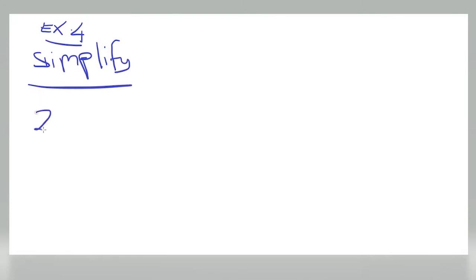For example, this one, simplify. Maybe the root of 20. Okay, I told you if you have not been given any root number here, then it means that there's 2 here by default. Okay, then simplify this one.